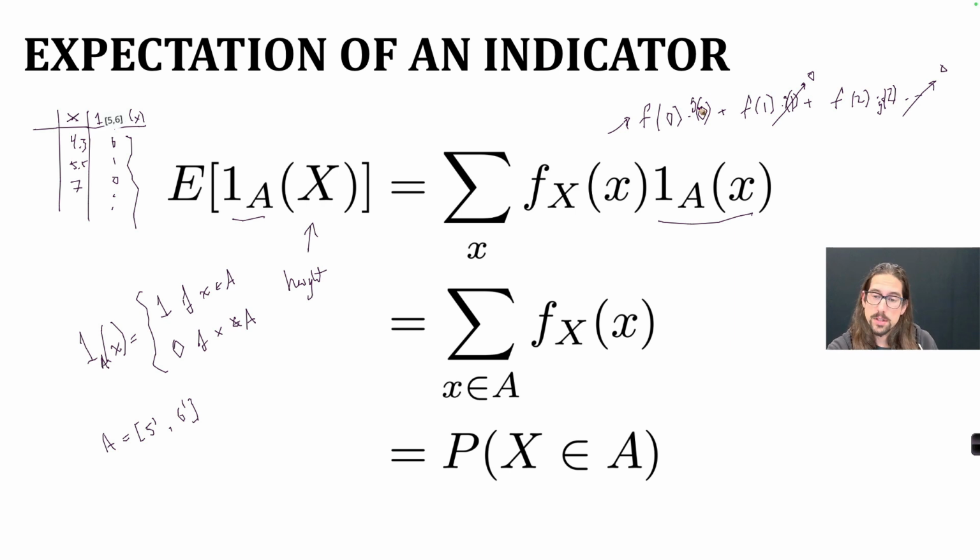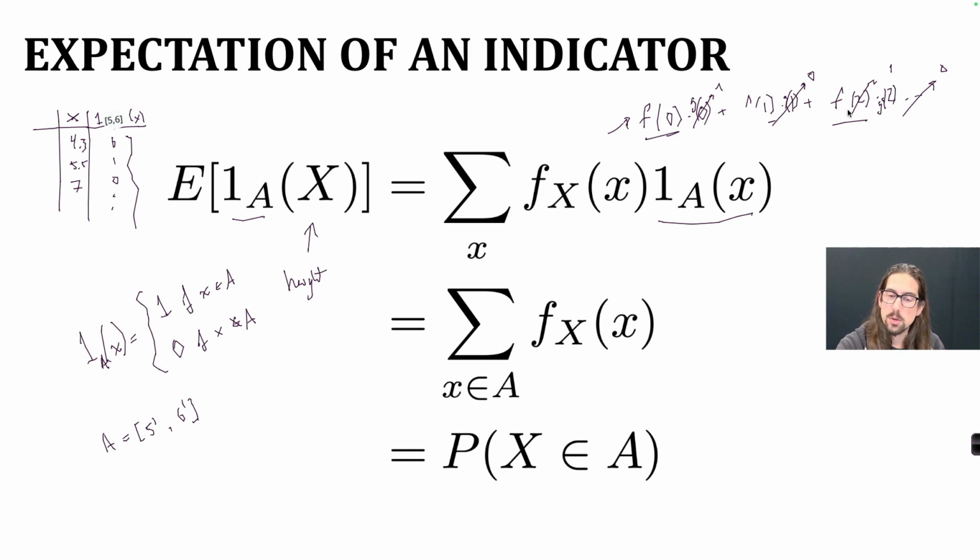And the other ones are 1s. So this one is a 1, and for this one, g is going to be a 1. And so what we're left with is just the sum of the densities for the terms where g is equal to 1.